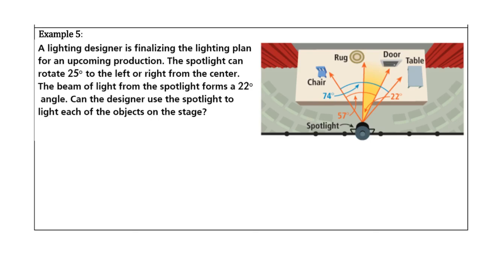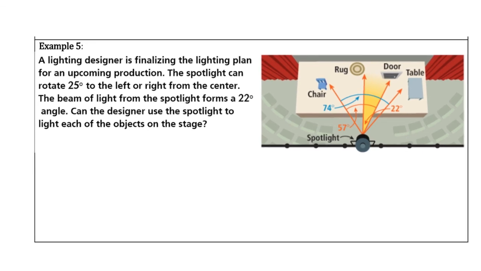All right, now this last example, I'm going to kind of skip through. It's kind of like an extra hard problem, so I'll quickly go through it. If you want to try it on your own, you can pause it now and you'll have the solutions up. But what you need to do is use angle addition postulate to find all the angles.